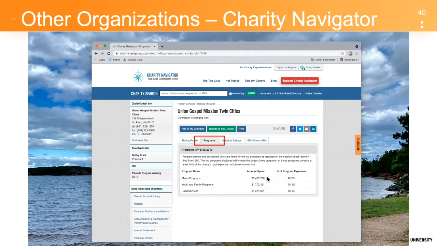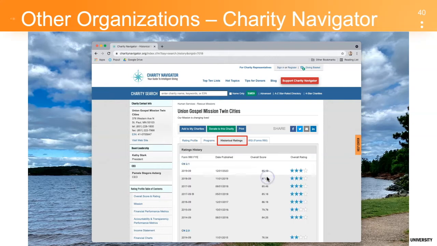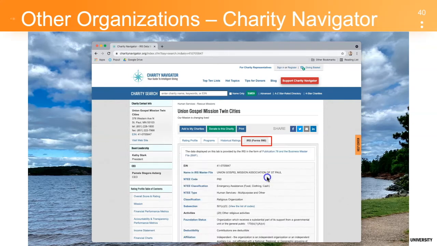So you compare how much you're spending at your organization to how much they're spending. That's going to give you a pretty good feel of where you're at as far as compatibility or comparability to program measurements. You can look at the historical ratings and the IRS filings. I think the most important one for you is going to be this program tab right here.